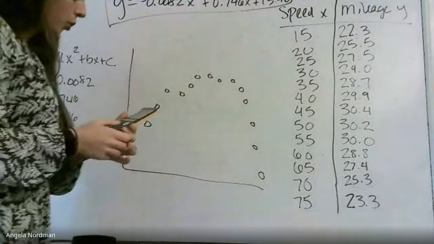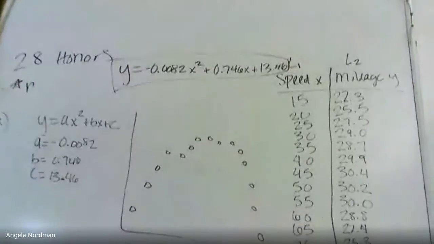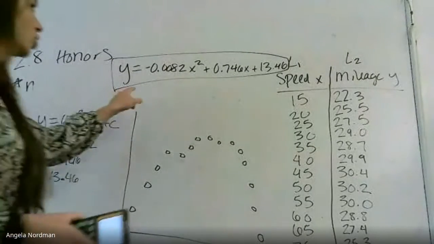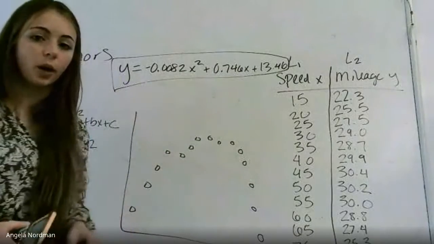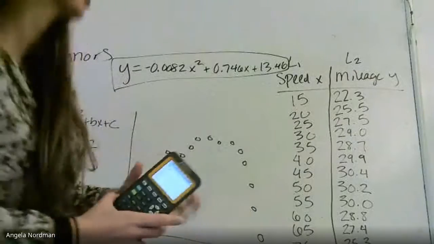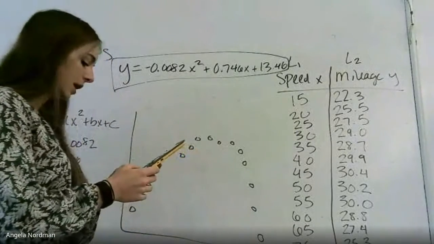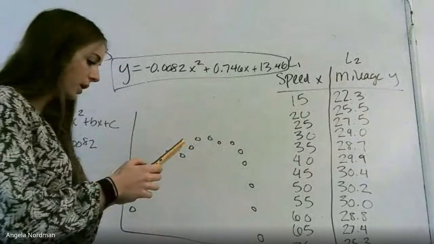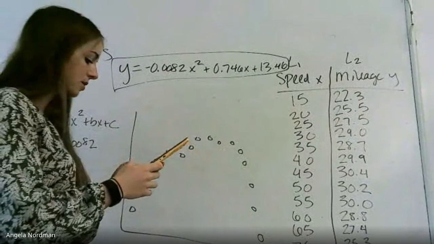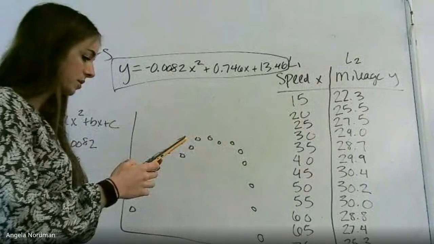One super cool thing you can do is enter this into your y equals. So go to the y equals button and enter the function I just wrote up here: negative 0.0082x squared plus 0.746x plus 13.46.